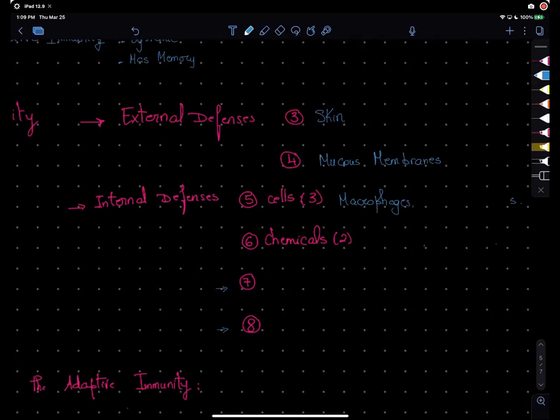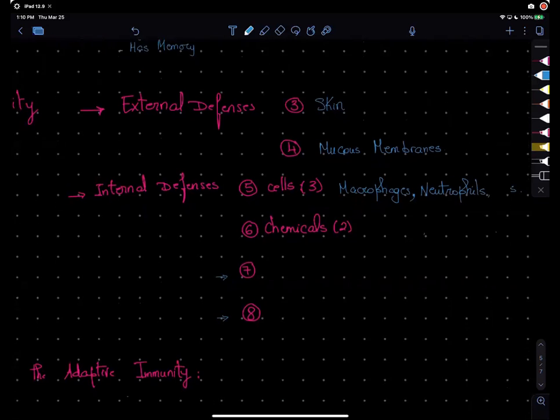The second type of phagocytes, those were circulating in the blood, they are highly phagocytic. We give them a nickname, they are the bacteria slayers. What did we call this type of white blood cells that are highly phagocytic? Those are my neutrophils.